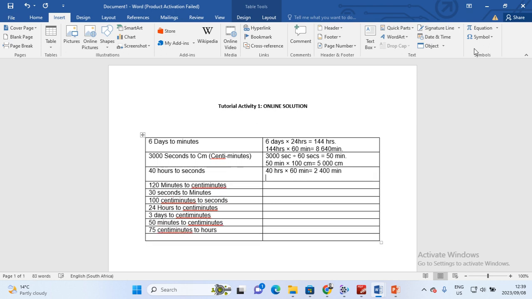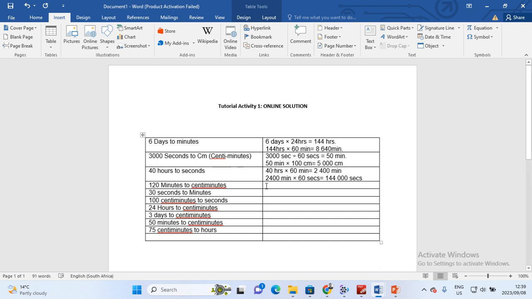And to convert that into seconds, it's going to be 2,400 minutes, which you are going to multiply by 60 seconds, which should give you 144,000 seconds. And that's how it is done.